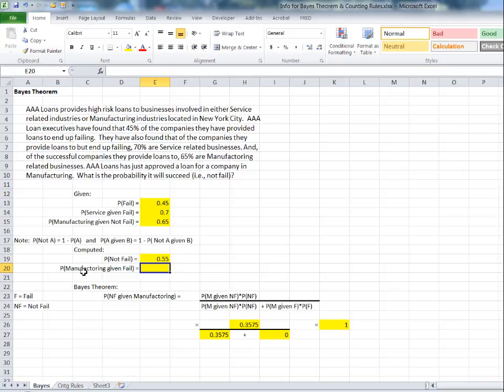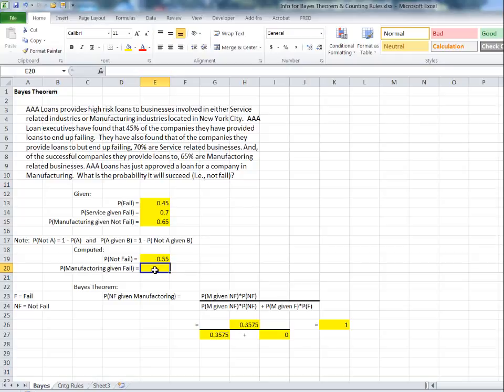What we don't have is manufacture given fail. Well, because there's only service and manufacturing, we know that 1 minus probability of service given fail has got to be the probability of manufacturing given fail, because that's just a complement. Right?